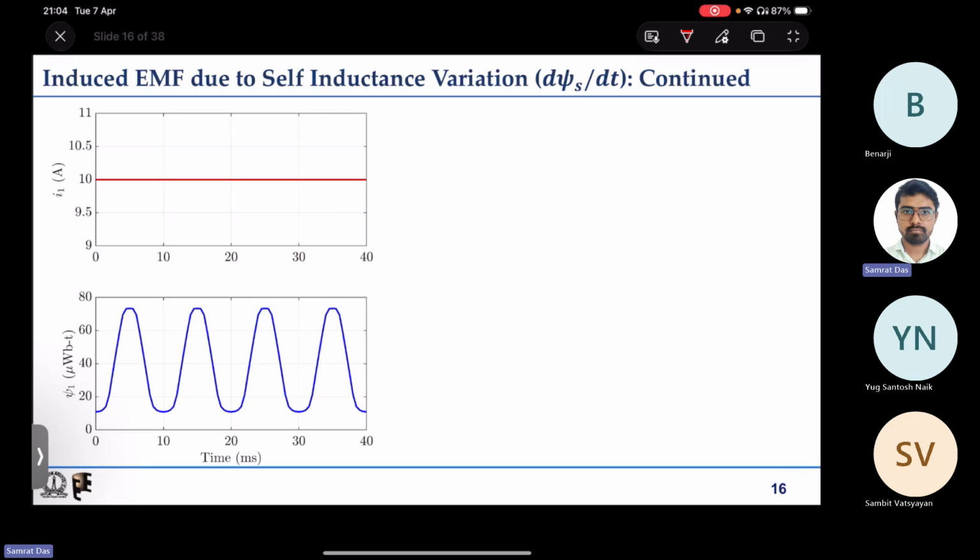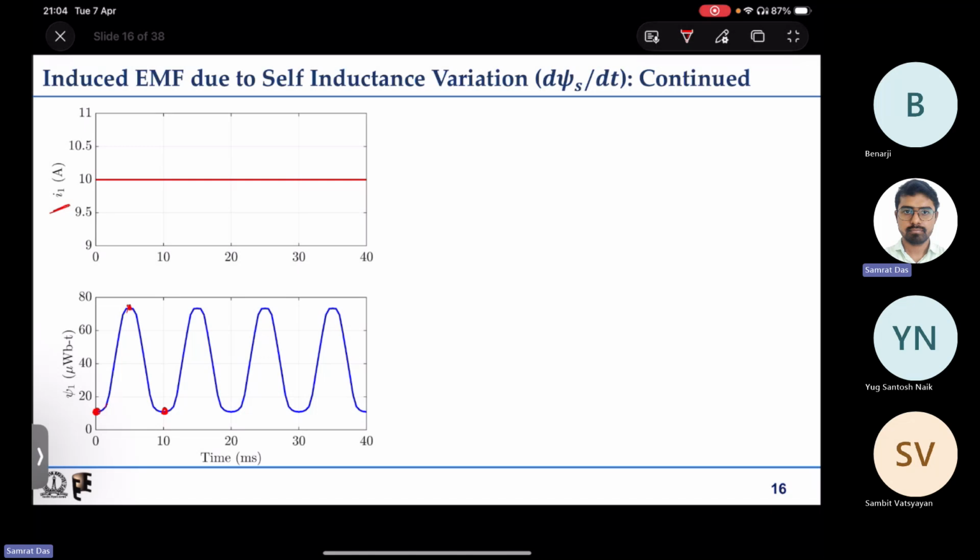So here we are looking at the current. The current, you can see that it does not change with time, but the flux linkage changes. Initially it is low, then it increases, then it reaches maximum, then again it comes down. 1/4 of a mechanical rotation has been completed, but one cycle of the flux linkage is done.